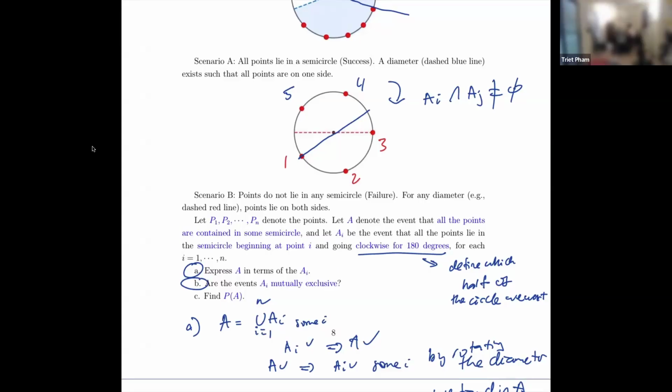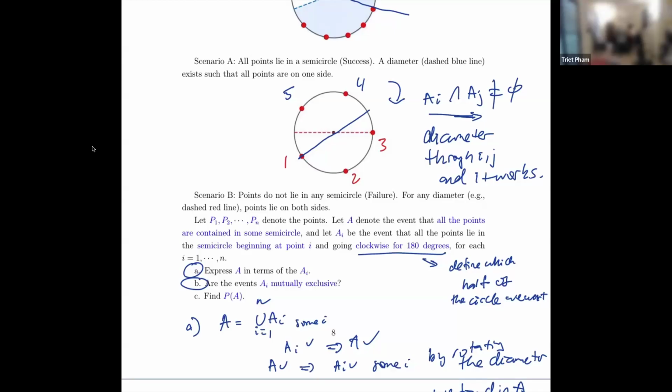Yeah, okay. So first of all, I think I know what you mean. This means that you can draw a diameter through I and J, and it works, meaning that all the points lie in the semicircle of I and J. But first of all, this cannot happen.